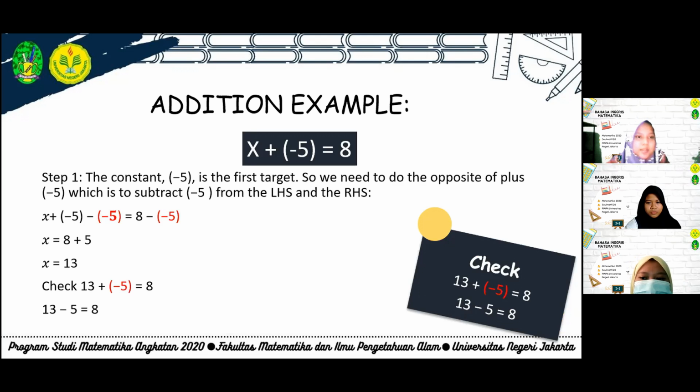Then x equals 8 plus 5. Then x equals 13. If we want to check whether the answer is correct or wrong, we substitute x equals 13. Then 13 minus 5 equals 8.